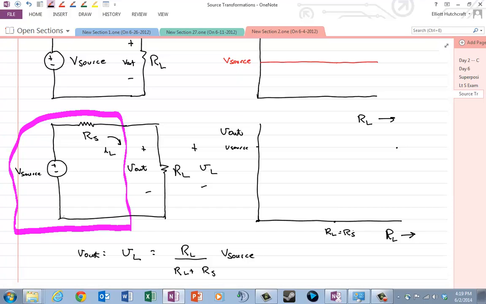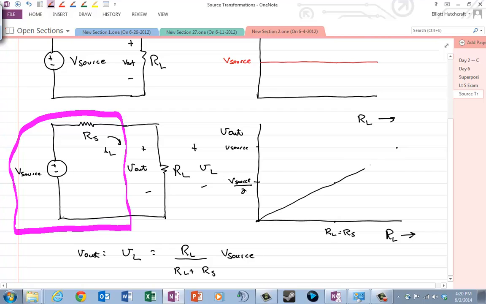The RLs cancel and I get half V source. So here's V source over 2. So we get a graph that looks like that. As RL tends to infinity, we get V source out. As RL tends to 0, we get 0 out. And we get this straight line.